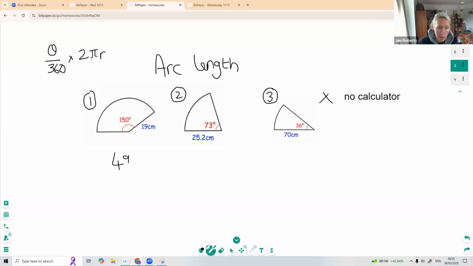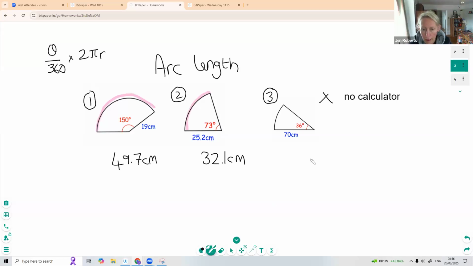The units are centimetres because it's a length. So your arc length here is 49.7 centimetres. For this one, 73 over 360 times 2 times pi times 25.2 gives you an answer of 32.1 centimetres. Again, it's for your arc length, so it's just that part there.